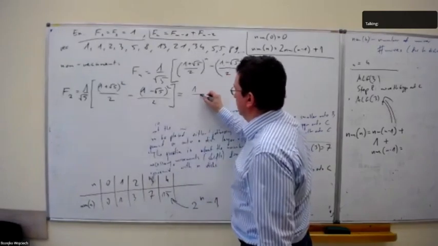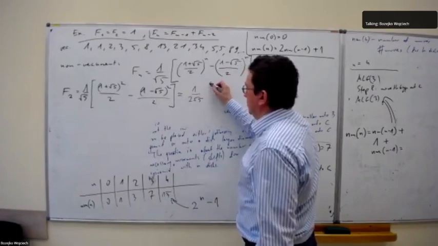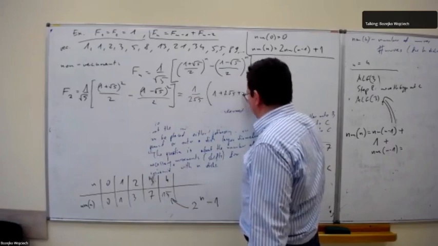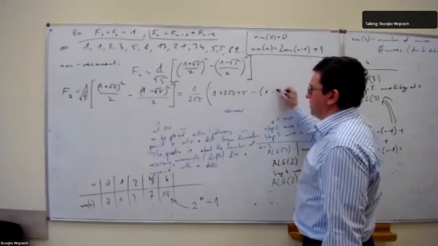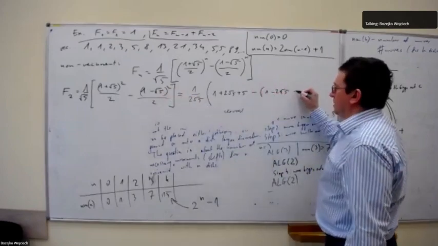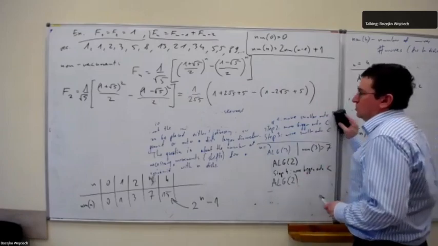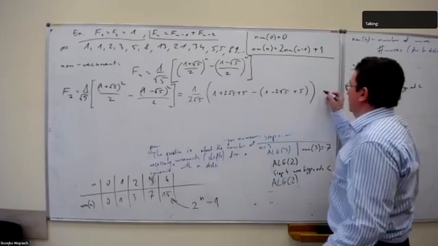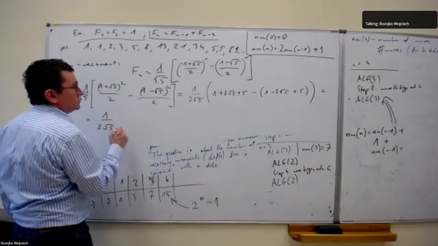So this will be 1 by 2 square root of 5, and here we'll have 1 plus 2 square root of 5 plus 5, minus 1 minus 2 square root of 5 plus 5.